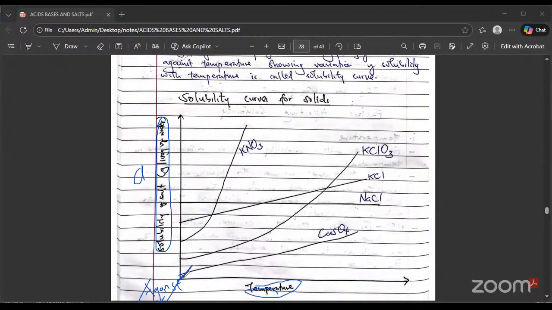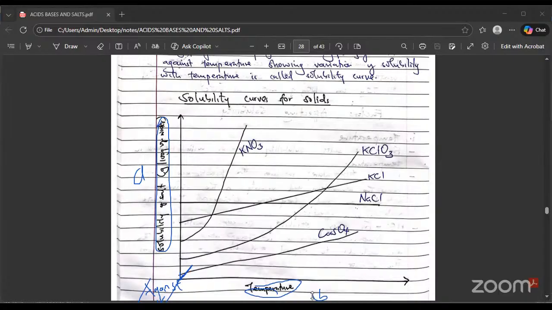Anytime you see plot a graph of A against B in all the subjects, this corner is the A. The one that comes below is B, against temperature. A against B, that corner is the against B. Even in maths, you use the same criteria: A against B, that corner is A against B.